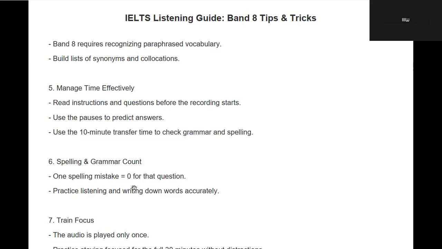For example, the first audio maybe has 10 marks and every question maybe has 2 marks. A question in which you have a misspelling, you will get 0 for it, no marks, even if the answer is right. That's why spelling is so important, and that's why you have to memorize words carefully.